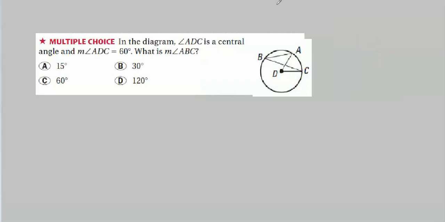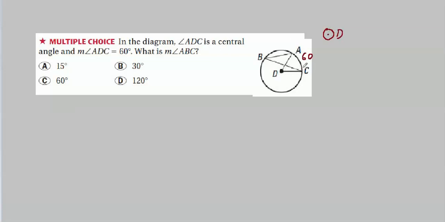Well, they tell us that ADC is a central angle. I don't think I've mentioned those. Central angle just means that the vertex is the center of the circle. So we know that this is circle D now, because it's a central angle. With ADC being 60, we know that the arc has a measure of 60.